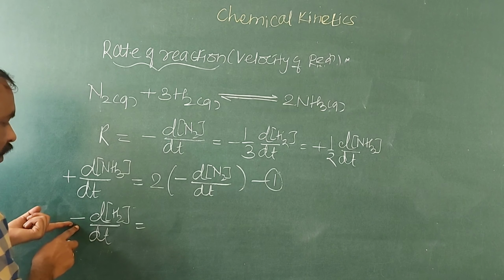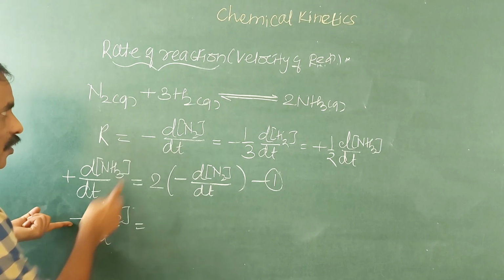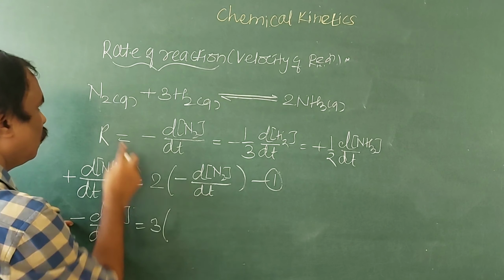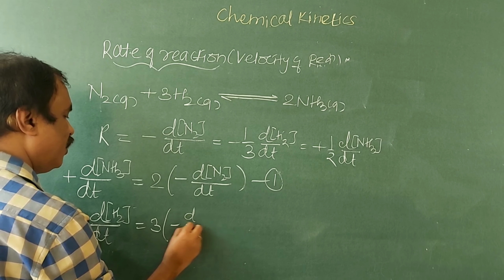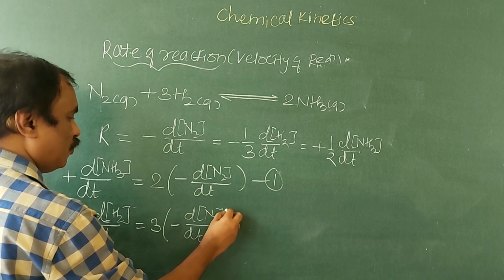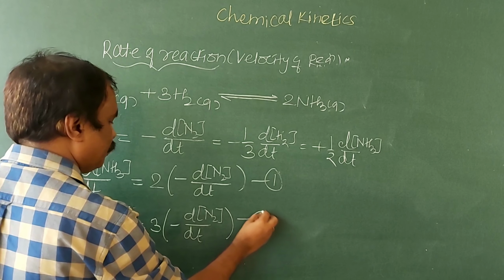So here the rate of consumption of hydrogen is thrice the rate of disappearance of nitrogen. Equation 2.